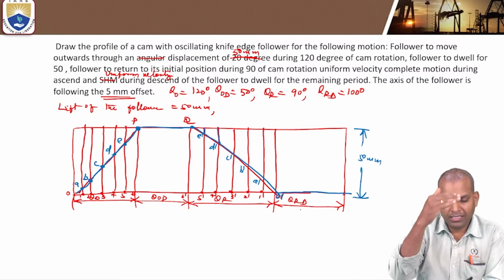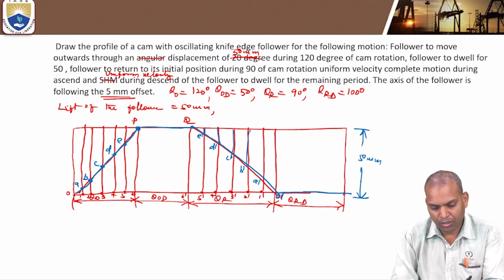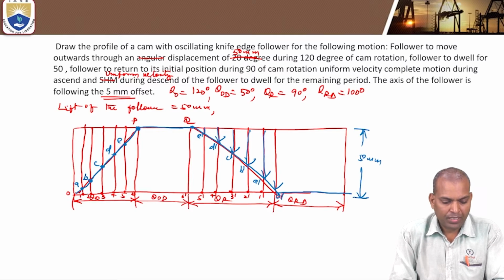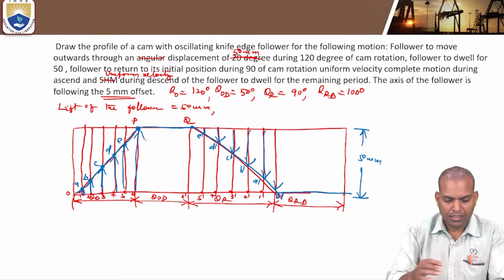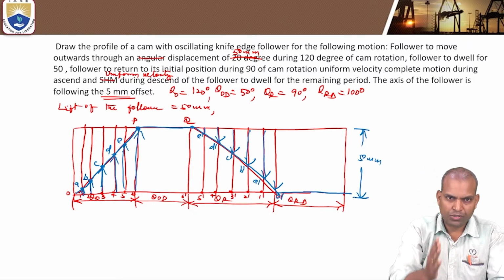In this manner, the follower descends. It is the knife edge follower. During ascent it moves up, and again it comes down.